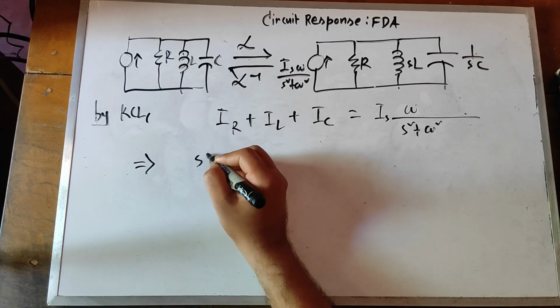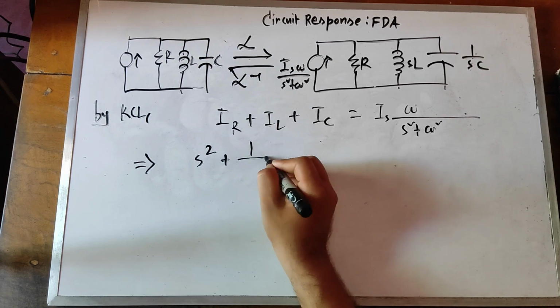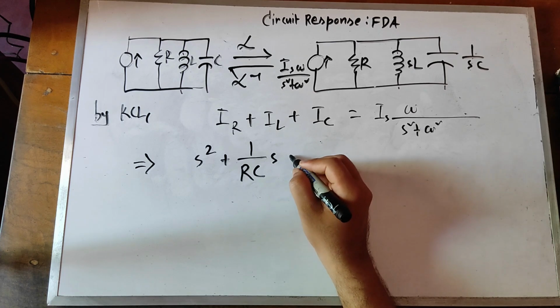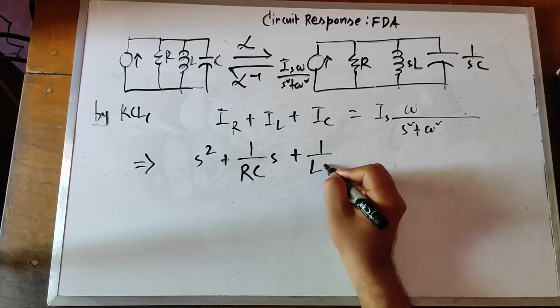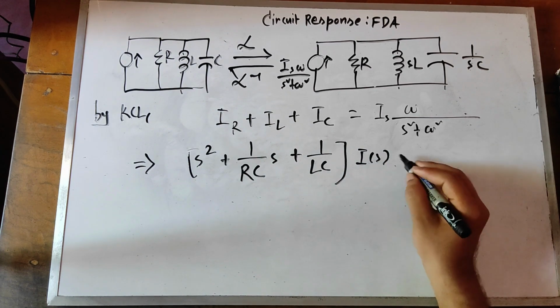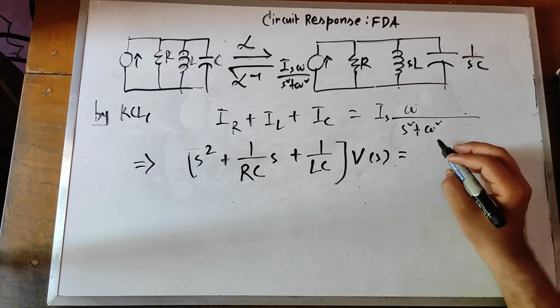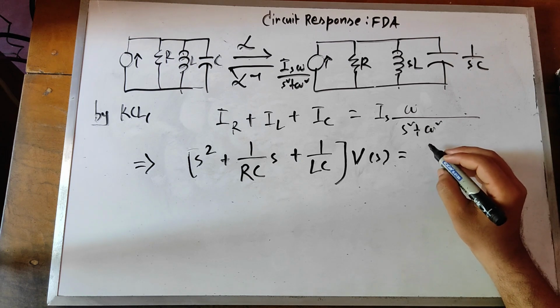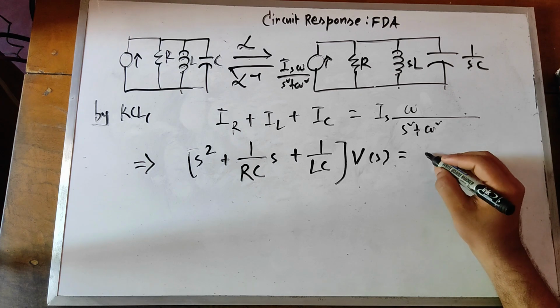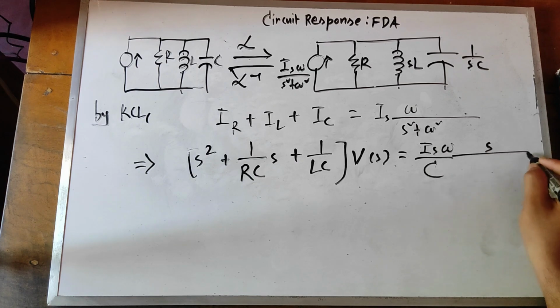So the second order algebraic equation, when rearranged, plus 1 by LC Vs, which equals Is omega by C s by s square plus omega square.